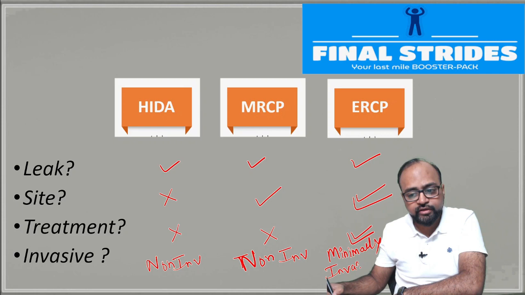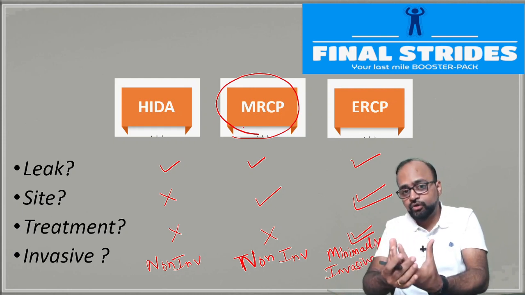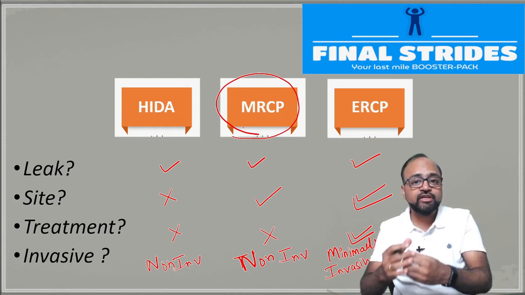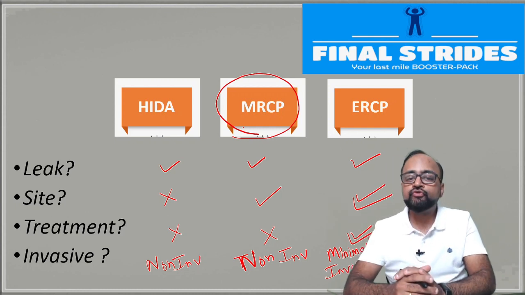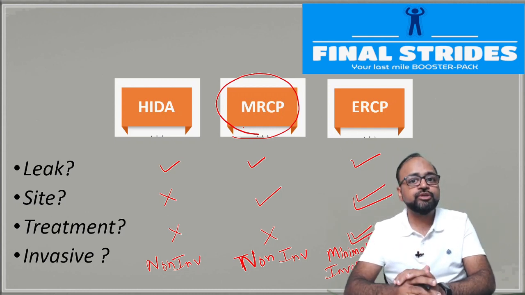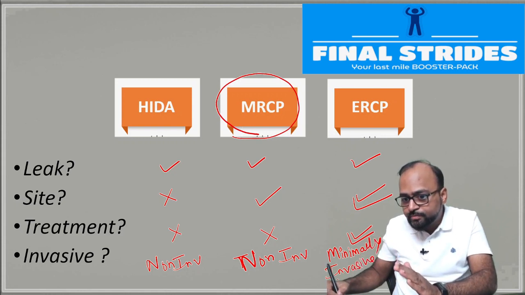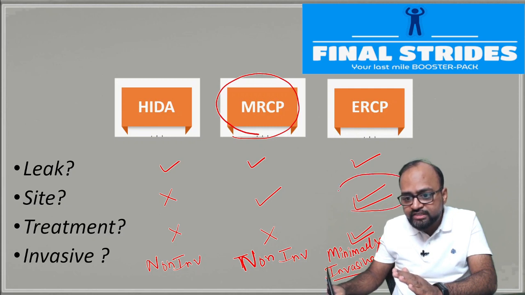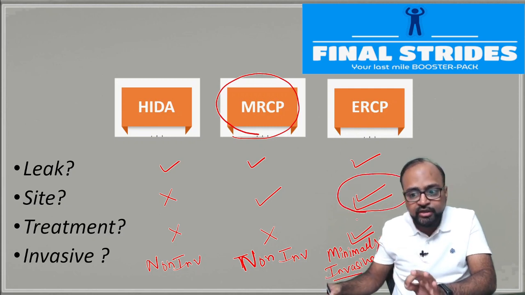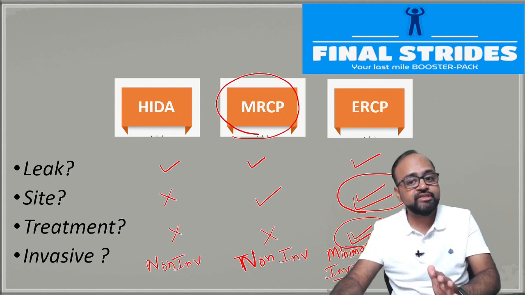And therefore remember, though MRCP is considered the most preferred non-invasive way of visualization of the biliary tree, if you speak to gastroenterologists or surgeons, they would prefer ERCP because though it is minimally invasive, it will give you the most definitive assessment of the site of the leak as well as help you in managing the leak by putting a biliary stent.